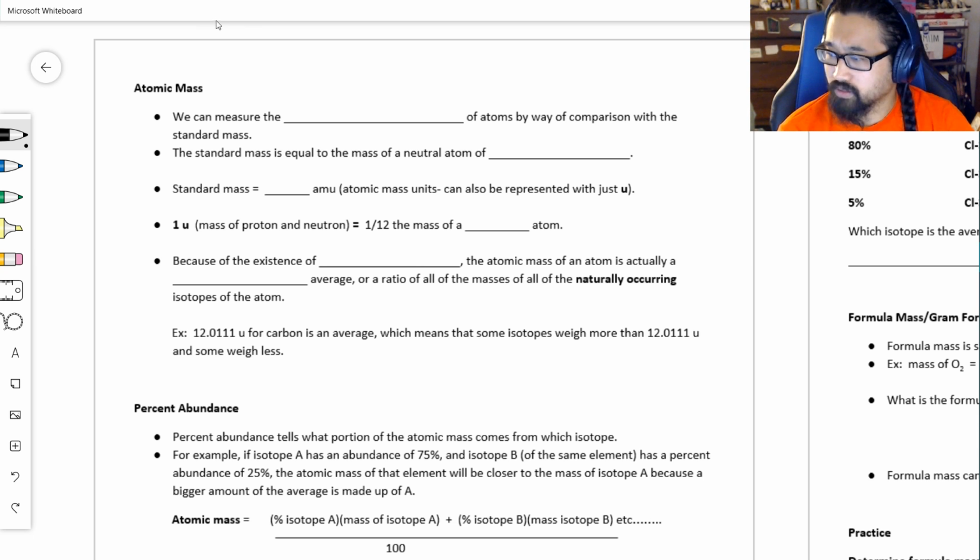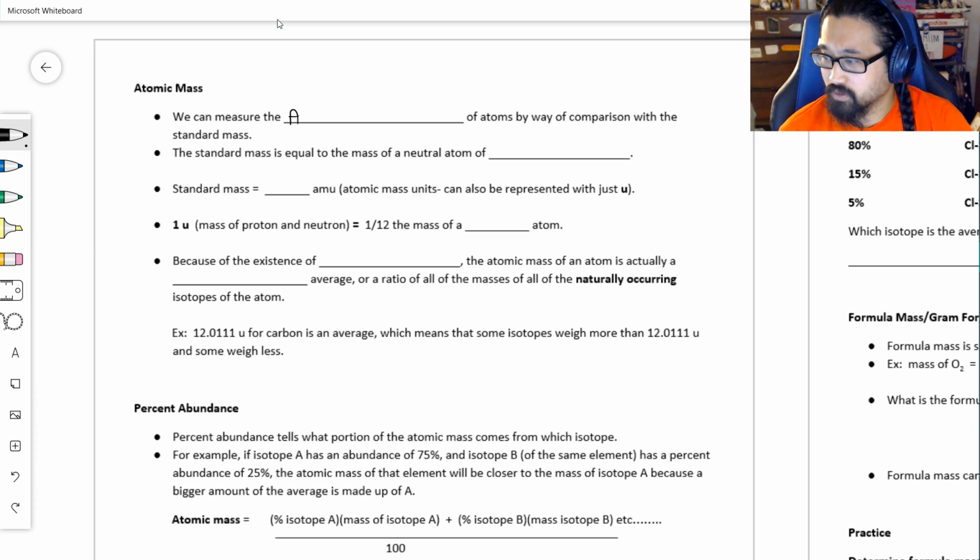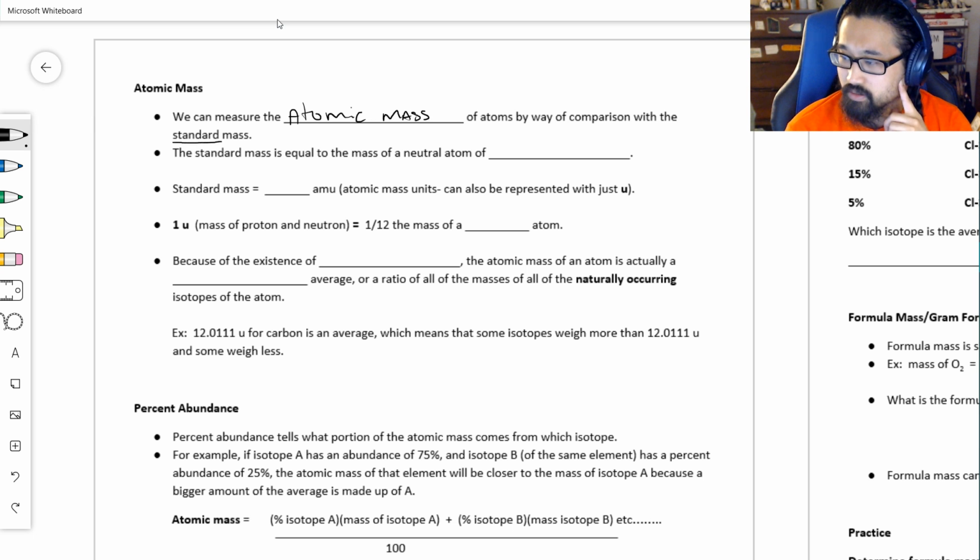So what we can do is we can measure the atomic mass of atoms by way of comparison with something that we call the standard mass, right? There is actually a chemistry standard for what the mass of atoms and molecules are.